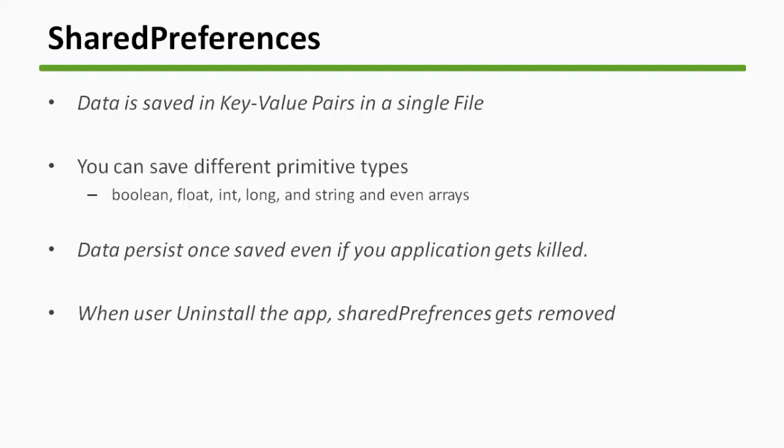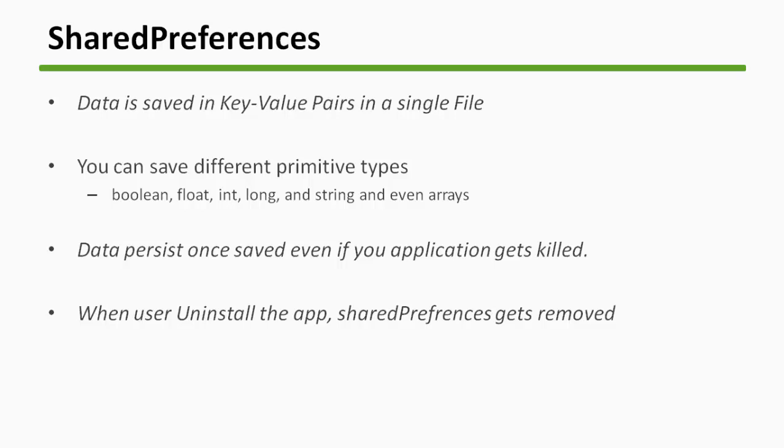So first let's talk about shared preferences. Basically in shared preferences, data is saved in key value pairs. It's like a file on the internal storage in your mobile, and you can save any number of key value pairs inside a file.